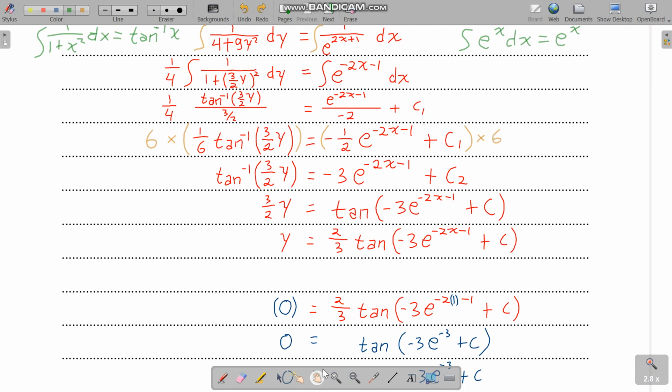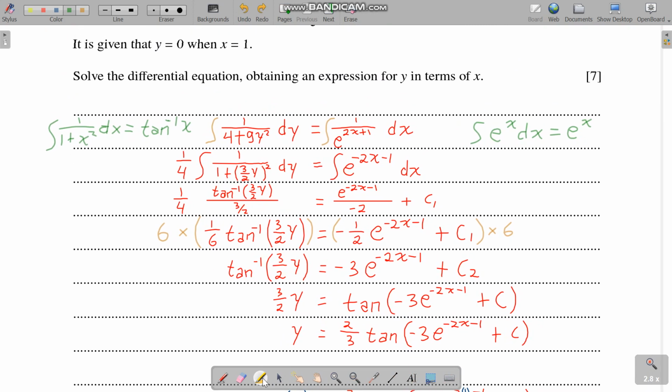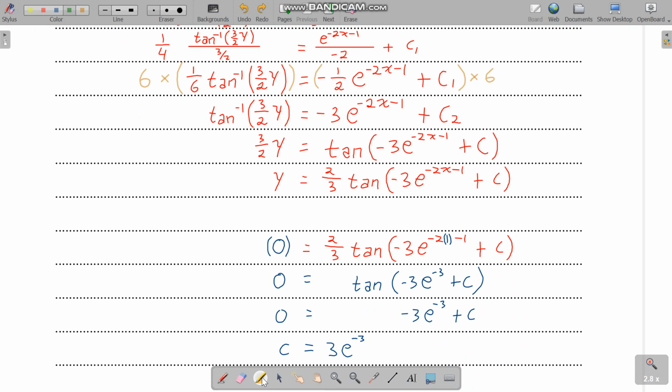To find the c, to find a particular solution, we need to replace x with 1, y with 0. So we replace the x with 1, the y with 0. We multiply both sides by 3/2. We get tangent something here, so still 0 on the left. And we do inverse tangent both sides.